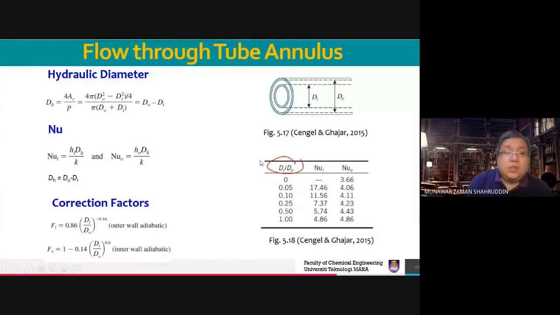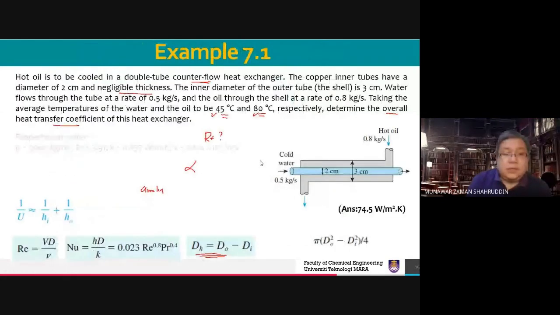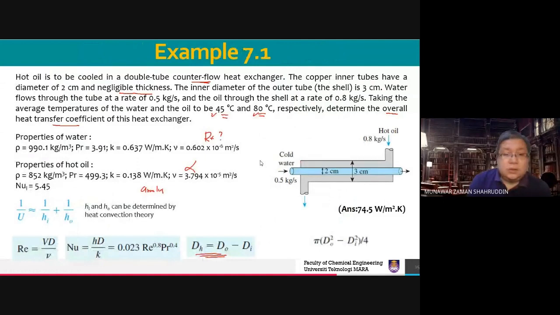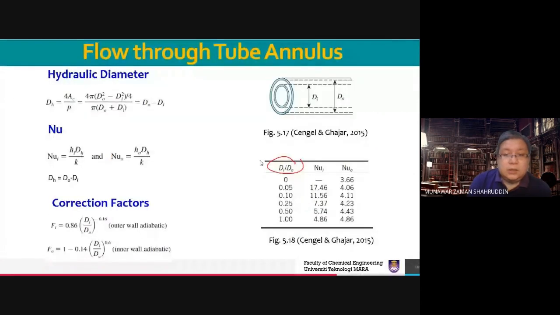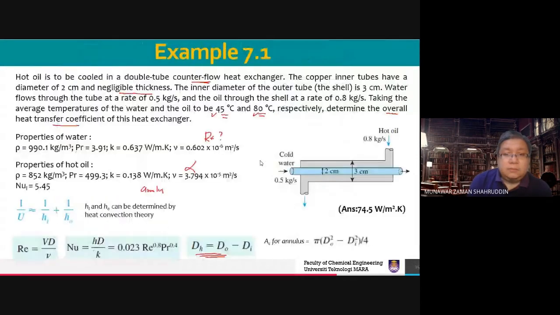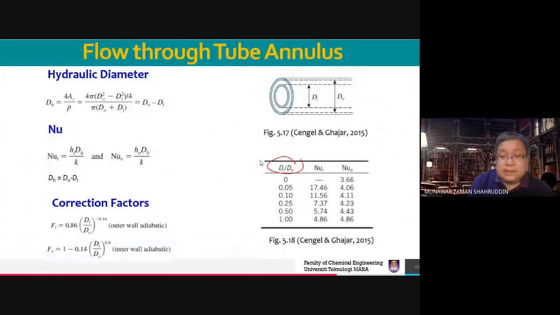Cumanya you kena buat interpolation je. Because from this one dia punya Di bagi D naught, kan? Kalau kita tengok balik, Di bagi D naught dia adalah 0.666. 2 bahagi 3. Okay, 2 over 3 is 0.666. Dekat dalam ni tak ada 0.666.